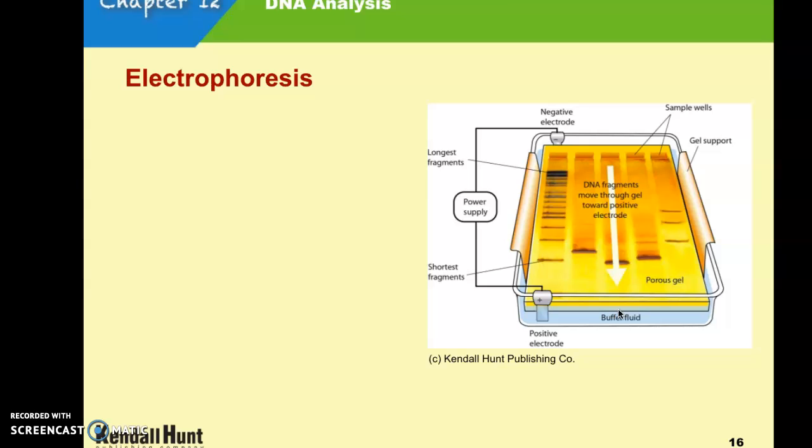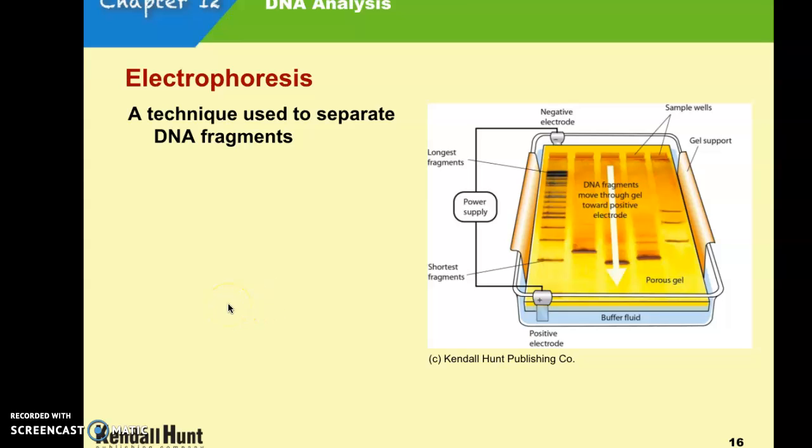So the rate at which the DNA fragments move on that gel is dependent on the size. So the longer the fragment is, the slower it moves. The shorter the fragment is, the faster it moves. So you can look at that gel and figure out which pieces are the longest and which pieces are the shortest.